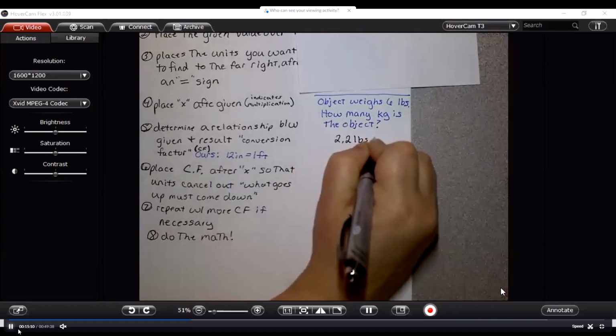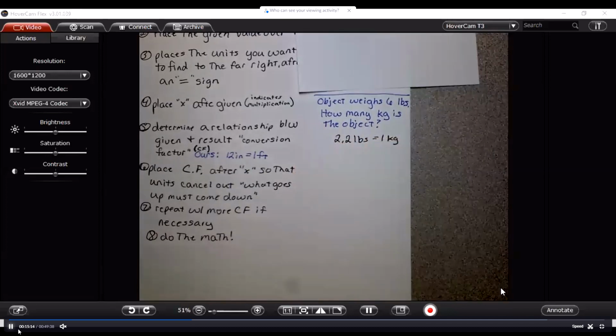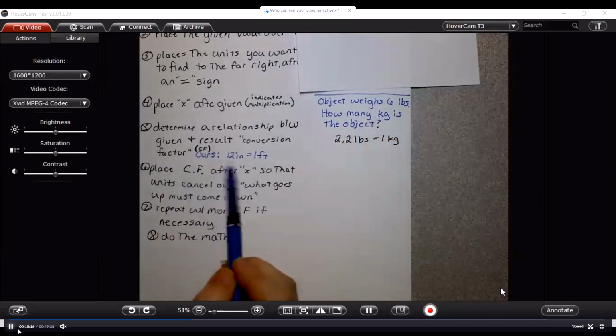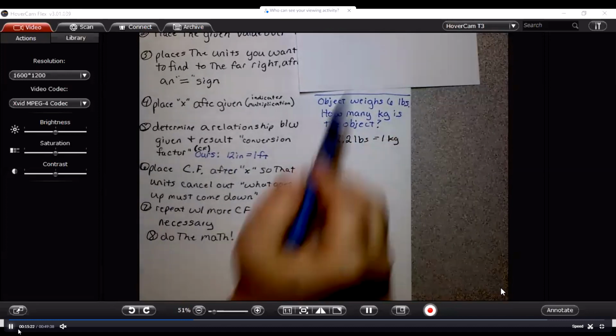Our conversion factor for this is 2.2 pounds is equal to 1 kilogram. Hopefully you know that already from previous science or math classes. If not, again, you can always Google it.